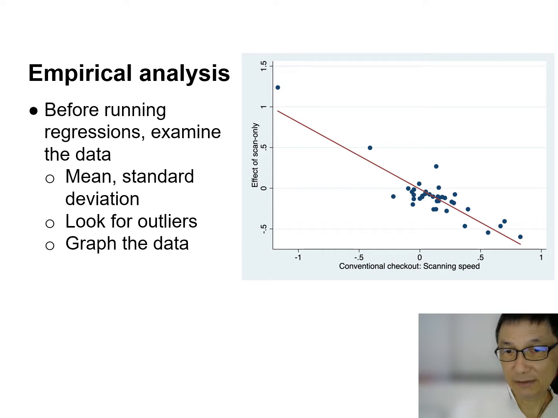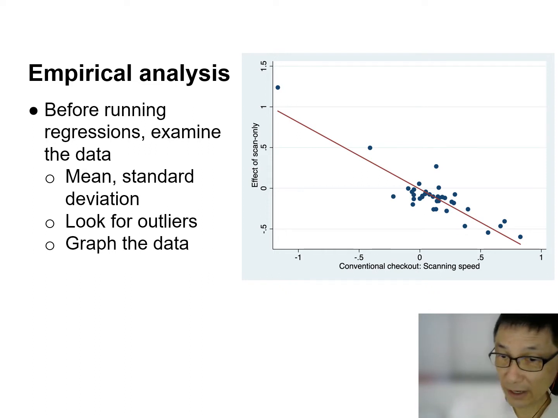If the cashier was faster in scanning at the conventional checkout, the new technology increased their product scanning speed relatively less. And here, this seems to be an outlier. There's one cashier who is very slow in the conventional checkout and then increased hugely her speed when switching to the new technology. So graphing the data is a good way of identifying outliers, like this one, and to a lesser extent, this one.